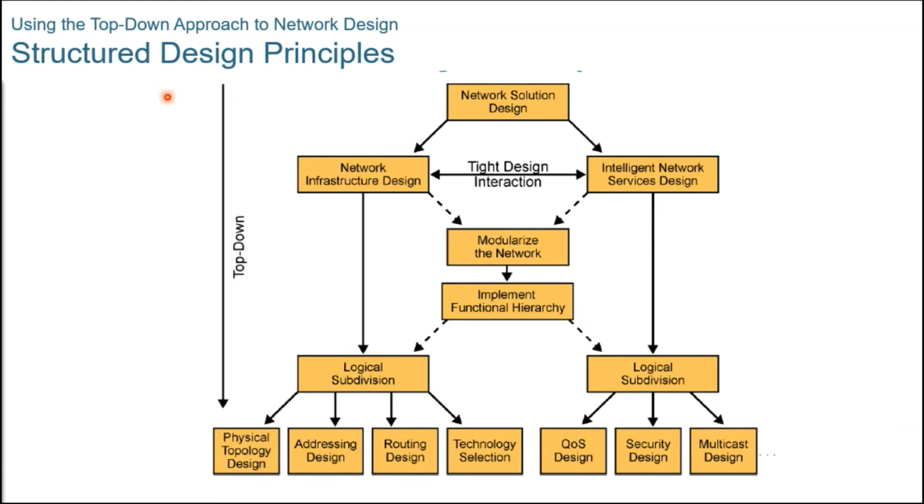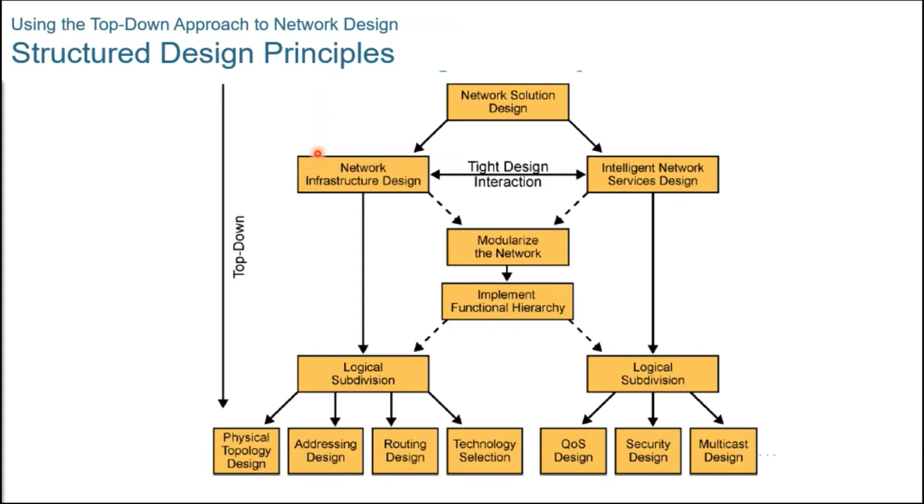Structured design. The output of the design should be a model of the complete system. The top-down approach is highly recommended. So rather than focusing on the network components, technologies, or protocols, focus instead on business goals, technical objectives, and existing and future network applications and services.